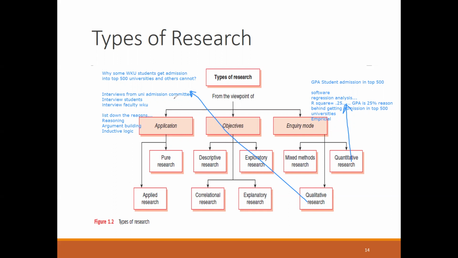Explanatory research needs some guidelines, and our focus in this research course is how to do explanatory research, because whatever guidelines we will be following will be used for explanatory research. So let me make some connections. You will be doing basic research, explanatory research, and quantitative research.